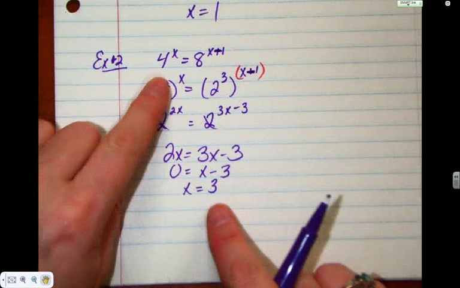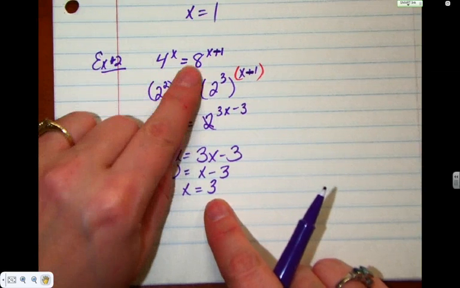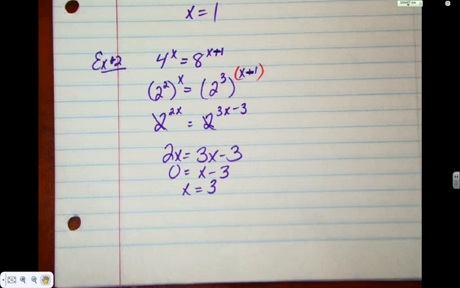So left-hand side is 4 cubed, which is 64. This will be 8 to the 2, and 8 squared is 64. So really easy ones to check on the exam to know if you have the correct answer.